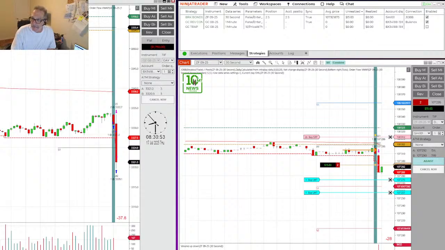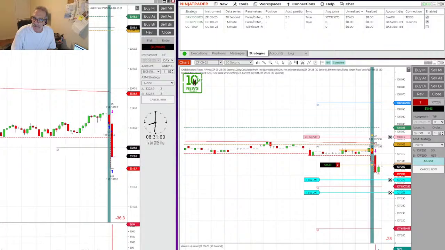The problem, look at the news. Every single bit of news was positive. Retail sales were really good. Jobless claims, better than expected, lower than expected. So retail sales were so good it just blew through the trap. Bonds filled short, not nearly as big a move as I thought it would be.